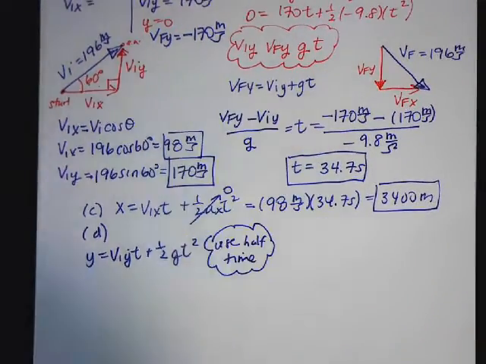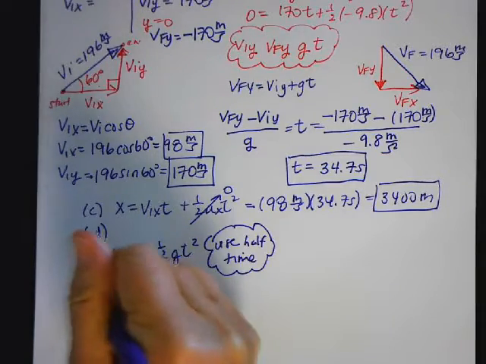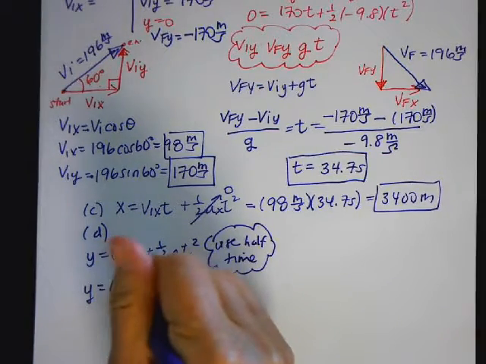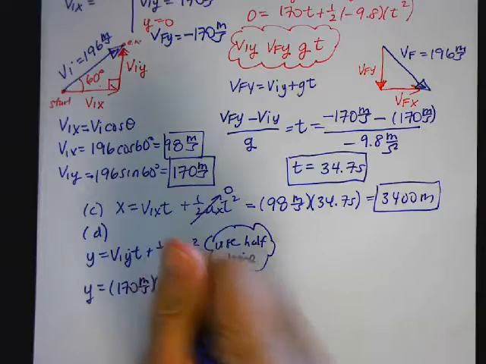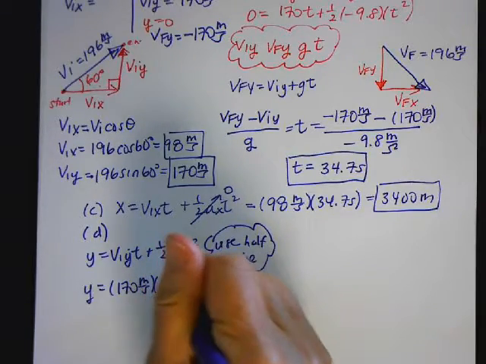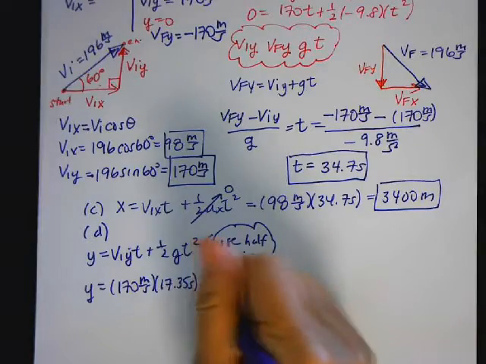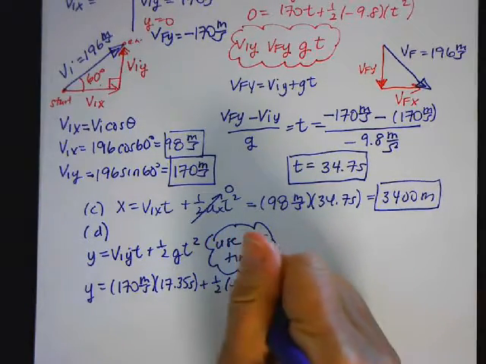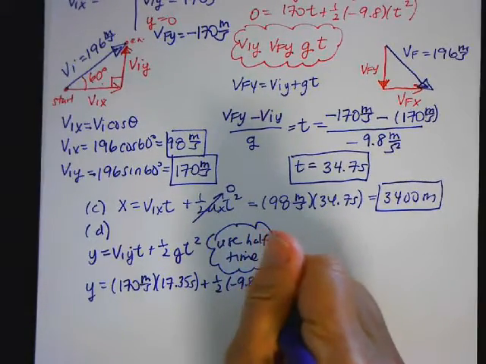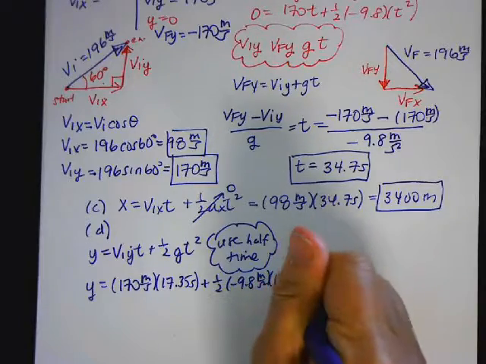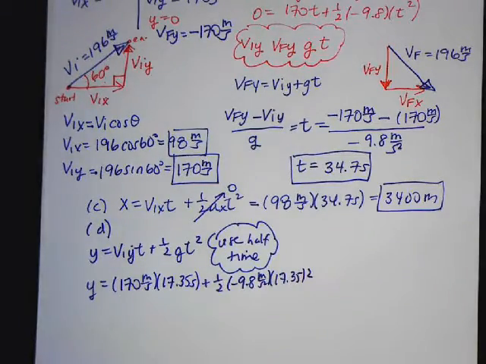So if I do that, I would get y is equal to 170 times 17.35, because that's half of my time, plus 1/2 times negative 9.8 times 17.35 squared.